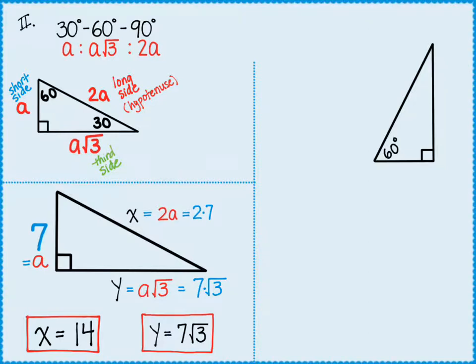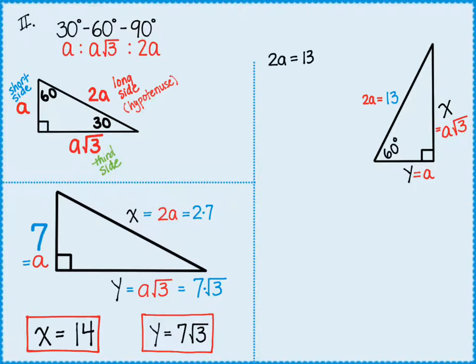Look at our next example of a 30, 60, 90 degree triangle. I've got the 60 degree angle marked, so you know the other one is 30. In this case, the hypotenuse is 13. Remember, the hypotenuse is always twice the shorter side. In this diagram, y is the short side, the side opposite the 30 degrees. Therefore, x is the third side, which would be A root 3.